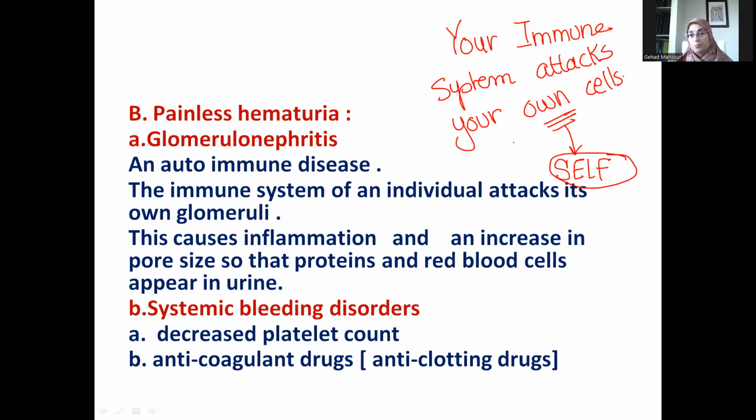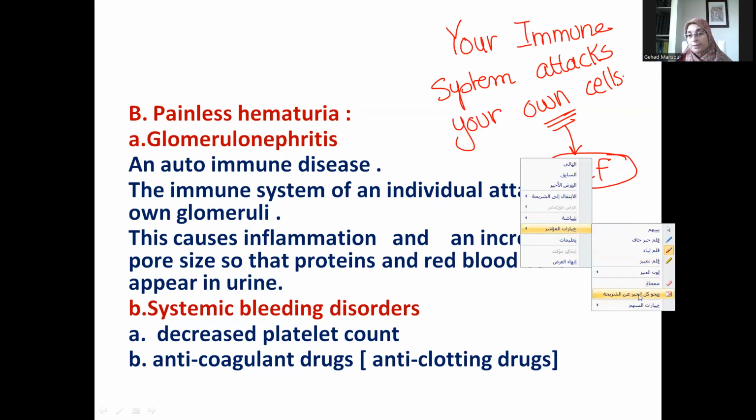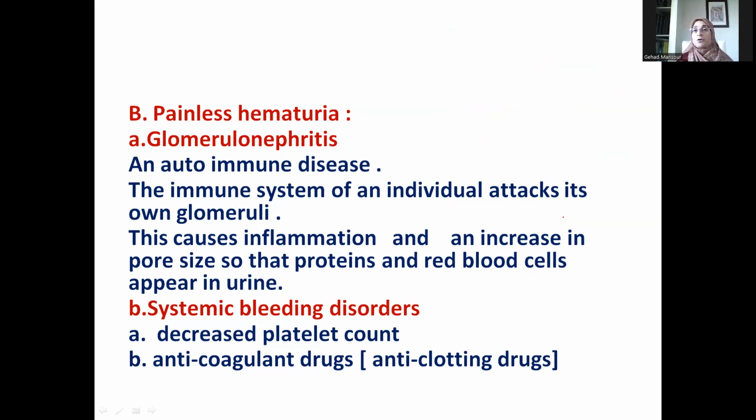But how does glomerulonephritis develop? It all starts by a kind of abnormality that occurs in the human body and that makes your immune system confused and consider the self molecules as non-self. So it all starts by a sore throat, and that sore throat is caused by a certain type of bacteria.